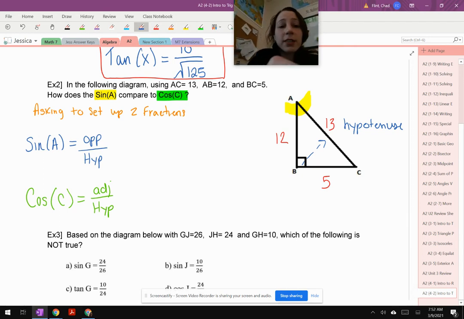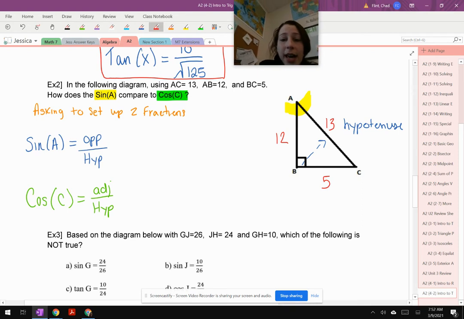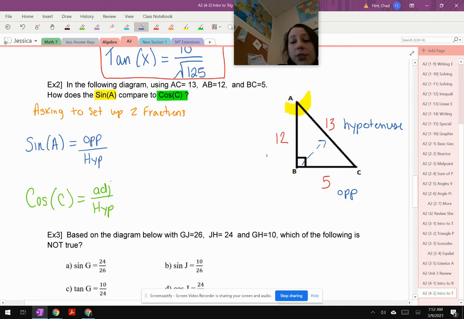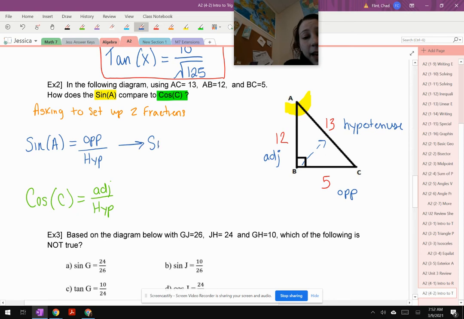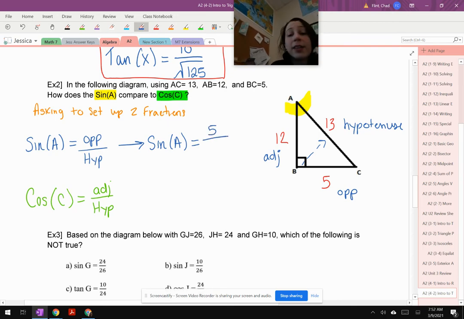So if we're using angle A, opposite of angle A would be that side BC, and then adjacent to it would be that 12 that's left. So the sine of angle A is equal to the opposite side, which is 5, divided by the hypotenuse, which is 13. So our sine fraction is opposite, which is 5, over the hypotenuse, which is 13.